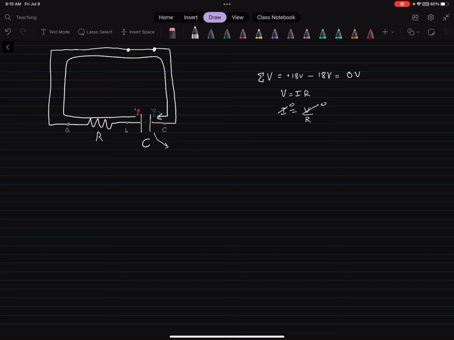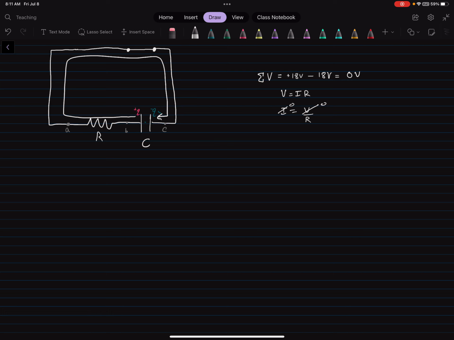It is discharged from its original fully charged negative 18 volts to now maybe negative 6 volts, and then you wait another 30 seconds or so, and maybe it's negative 2 volts, and eventually, theoretically after infinite time, it's effectively fully discharged. No more charge will be pushed around the circuit.